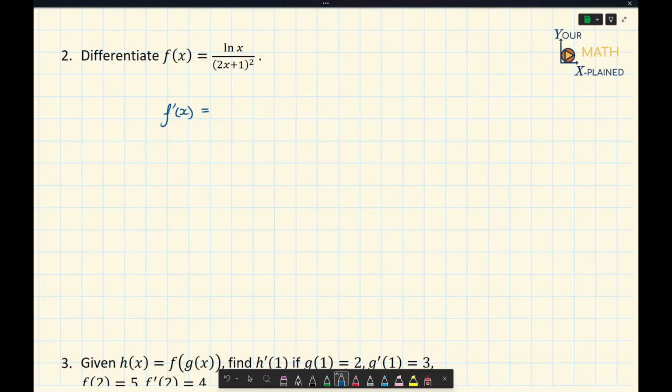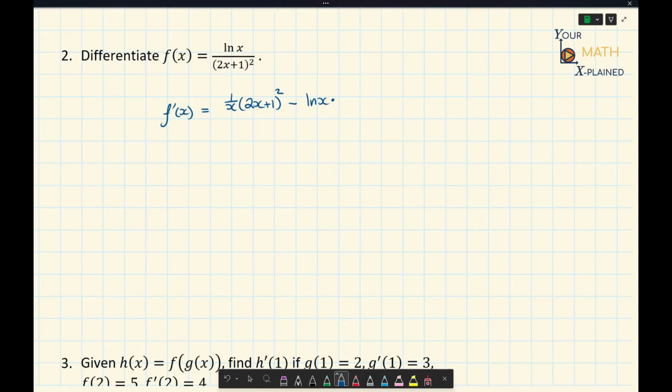So the derivative of ln of x is 1 over x. Multiply that by our denominator without doing anything to it. And then we're going to subtract our numerator, which is ln of x. And we're going to multiply this by the derivative of the denominator.